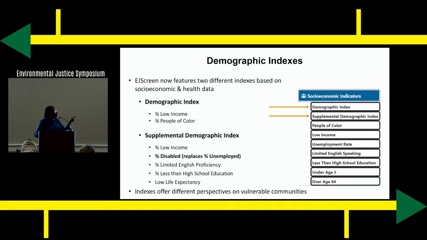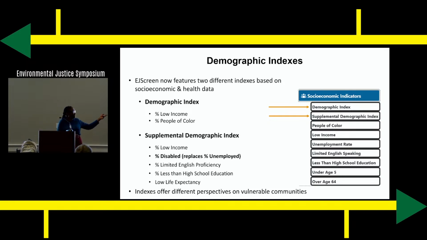But if you want to use the supplementary index, they added more socioeconomic indicators in there: low income, disability. Before it used to be unemployment, but they changed it to disability based on community requests, because some people can be unemployed by choice, so it doesn't necessarily mean they are disadvantaged.